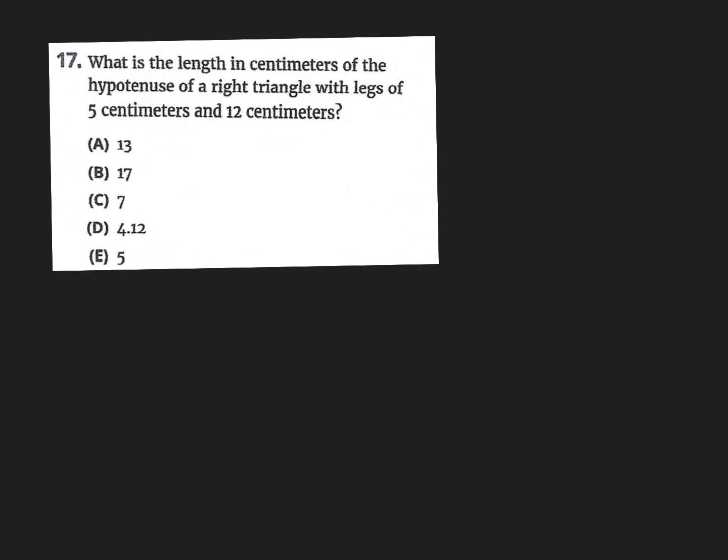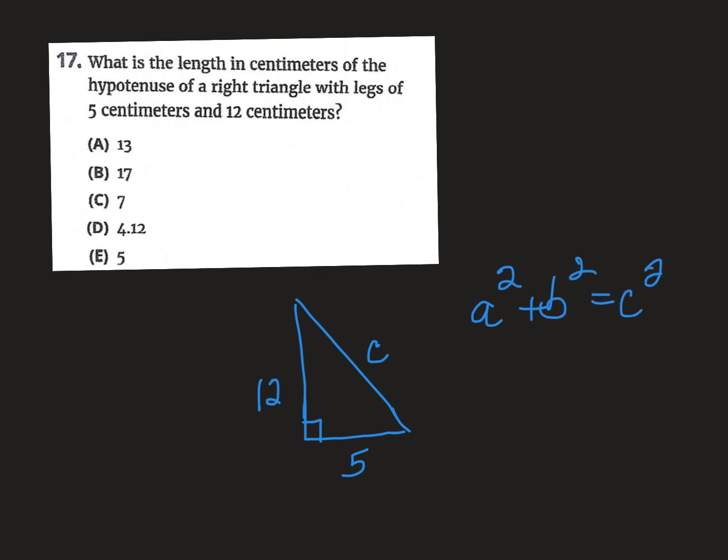So we have a right triangle whose legs are 5 and 12, and we have to know what the hypotenuse is. So it's C. Remember, right triangles are A squared plus B squared equals C squared to find the hypotenuse.